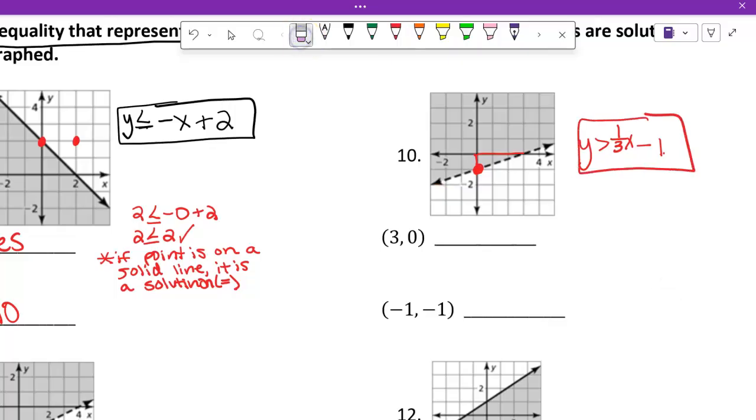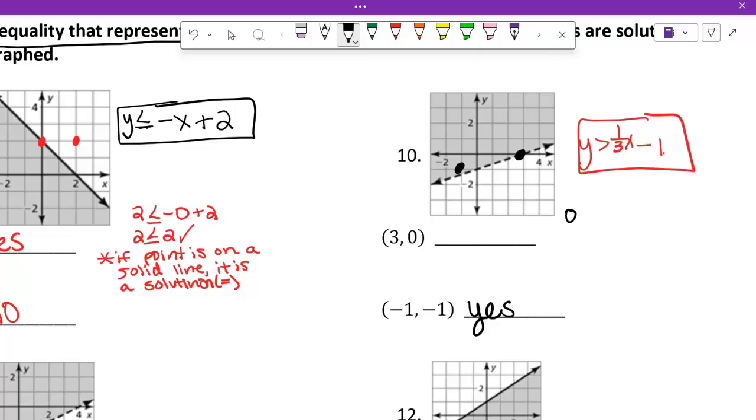Now I'm going to test out these points. 3, 0. And negative 1, negative 1. That one I can see, yes, is a solution. This first point lies on a dashed line. So again, I'm going to plug this in.